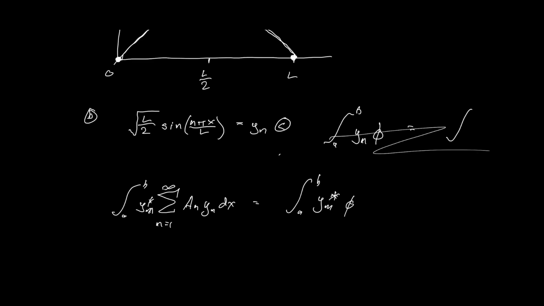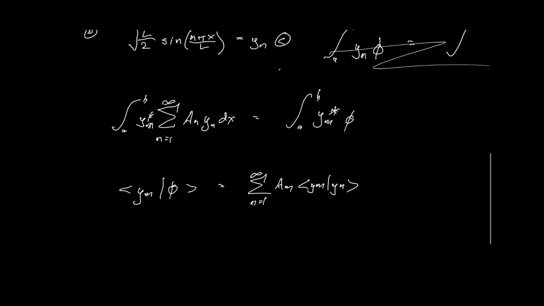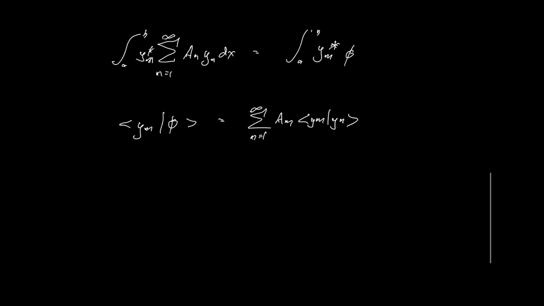If you write it in bracket notation, y m times some phi equals the infinite sum of a m times y m, and this is sort of our starting point. Then you get this a n, and it equals y n with your phi, and this is our function, so I'm just going to write f of x here.